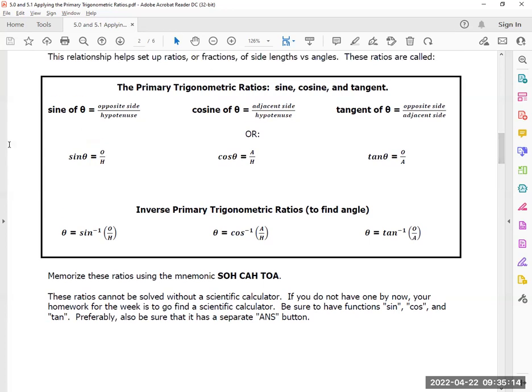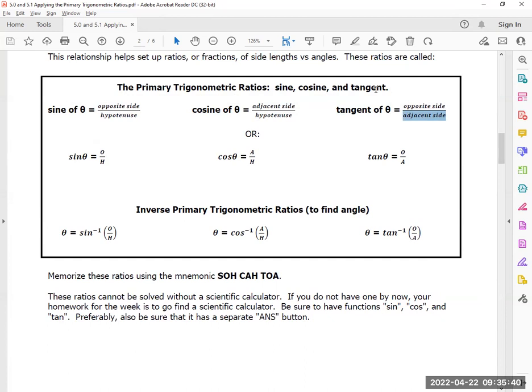Please repeat after me. Sine. Opposite over hypotenuse. Cosine. Adjacent over hypotenuse. Tangent. Opposite over adjacent.